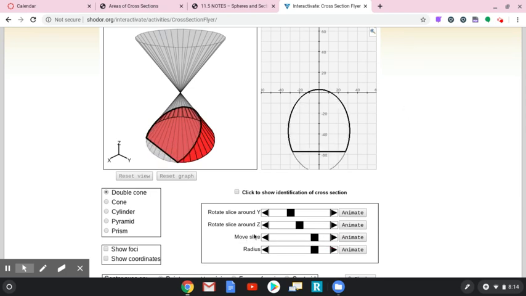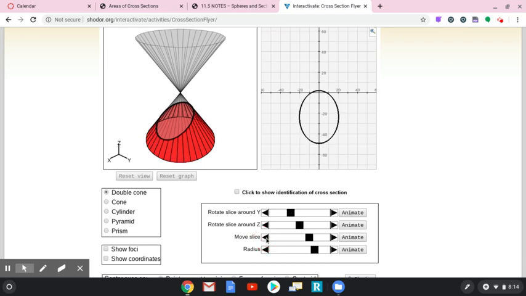Well, that's not going in the direction I want. If I wanted to intersect parallel to the base, I've got to keep playing till I can find what works. So here, if I want to intersect so it is parallel to the base, this is a great example. Right there, this looks like my cross section is parallel to the base.